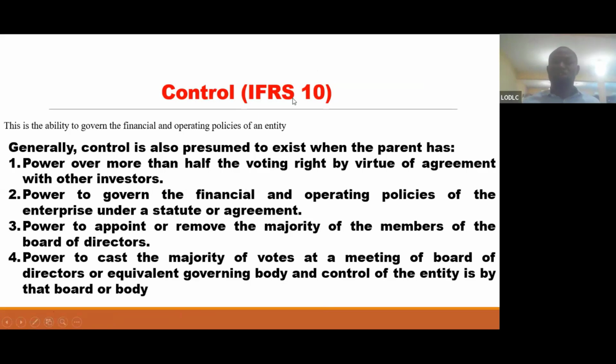Generally, control is presumed to exist when the parent has power over more than half the voting rights, power to govern the financial and operating policy of the enterprise under statute or agreement, power to appoint or remove the majority of the members of the board of directors, or power to cast the majority of votes at a meeting of the board of directors or equivalent governing body, and control of the entity is by that board or body. So that is why we can say that control exists.